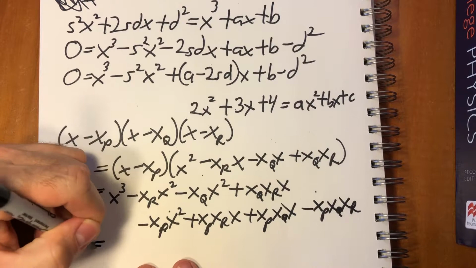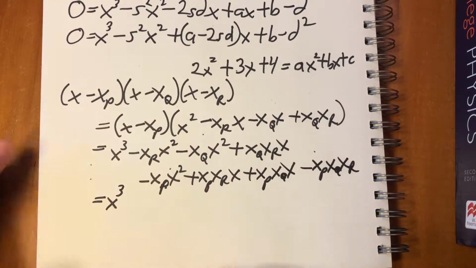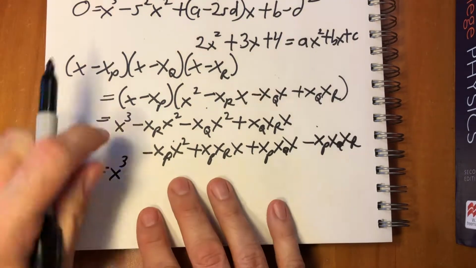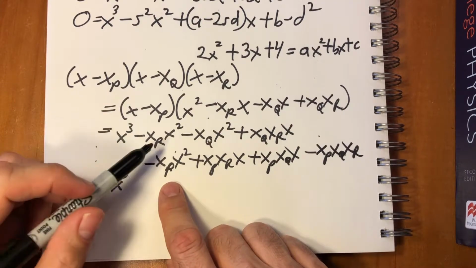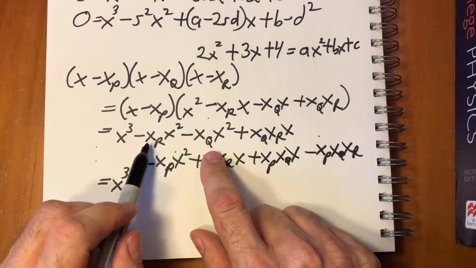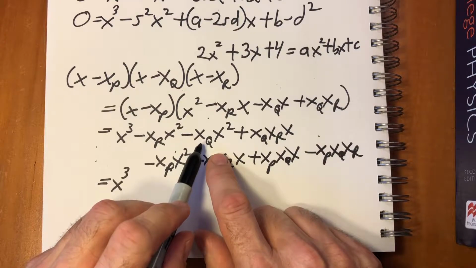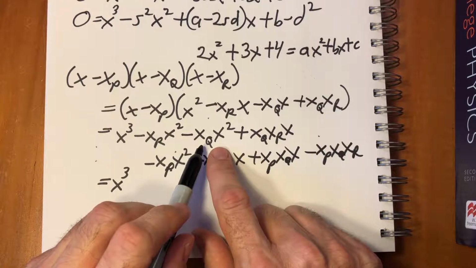Now let's combine terms. So we have x cubed, we have minus xr minus xp and minus xq.